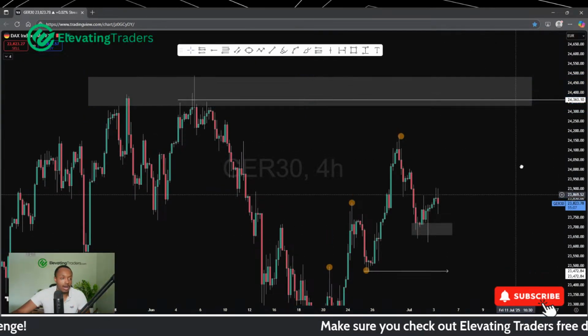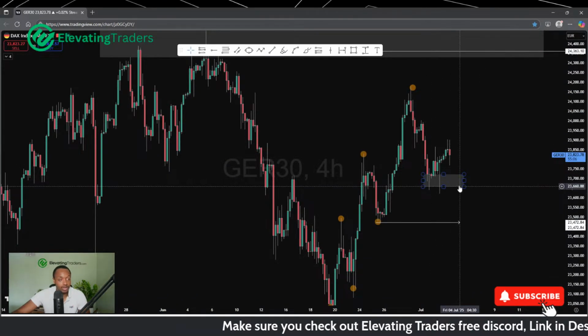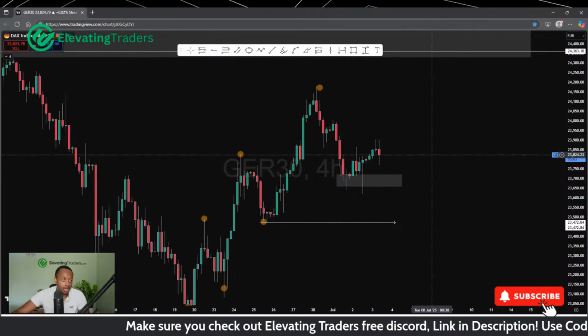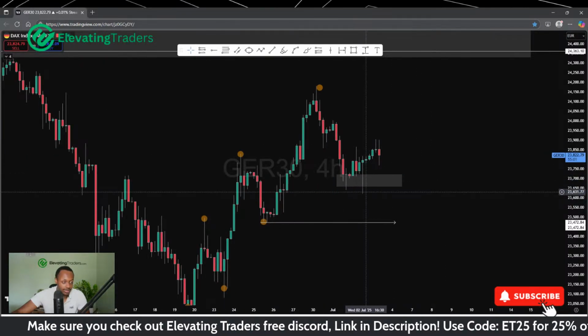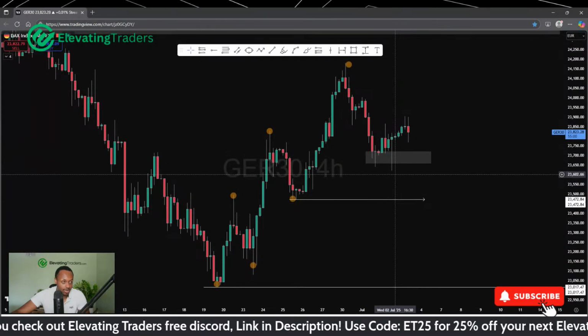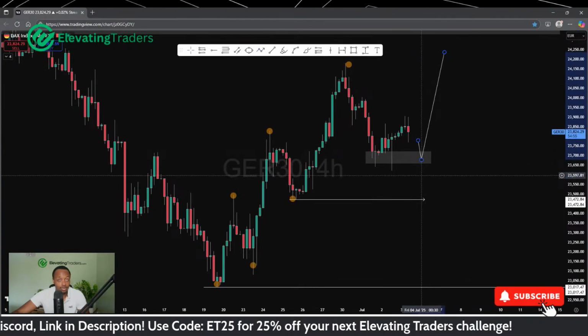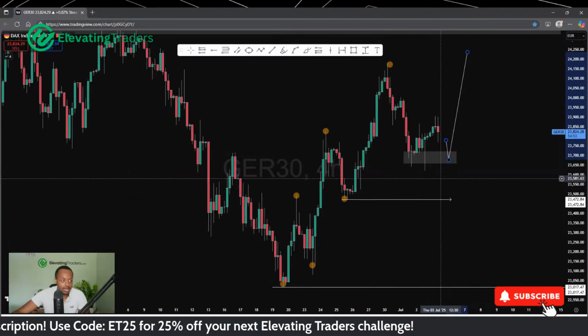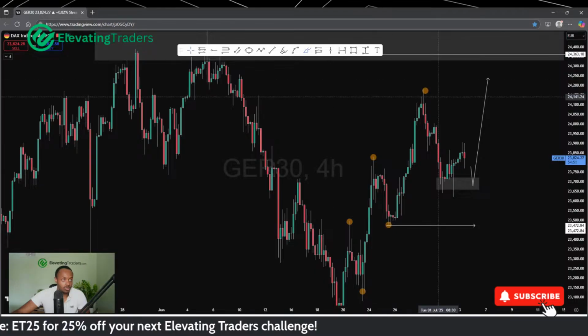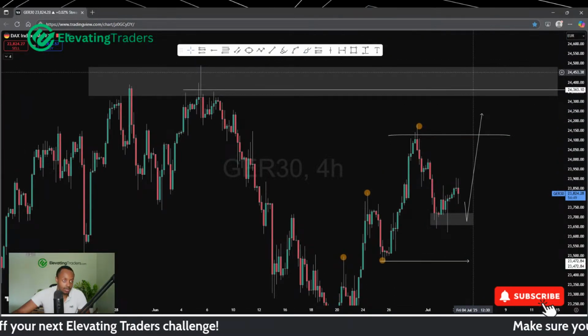We do have some support below us over here, which I think looks really good for a buy as well. I like the wicks price is leaving to the downside, very aggressive wick over there. So I would suggest if price can get back here, retest it and find a buy off the back of that. That makes a load of sense to me. And then I'll be looking for a swing back into resistance and a swing back into the high.